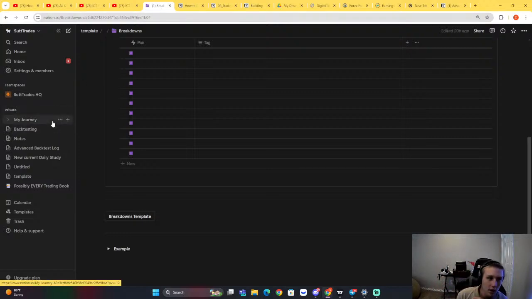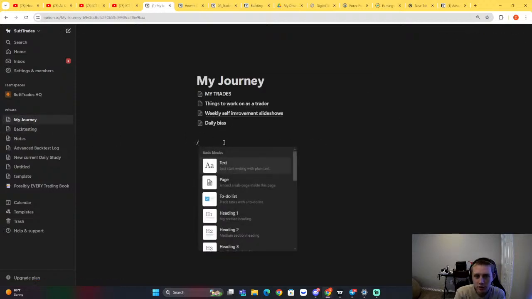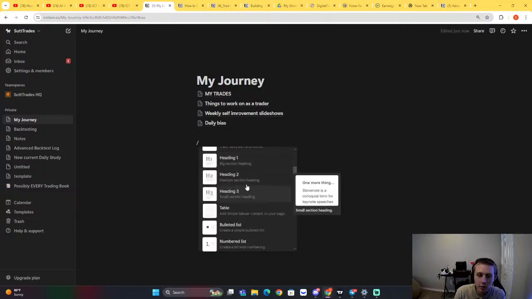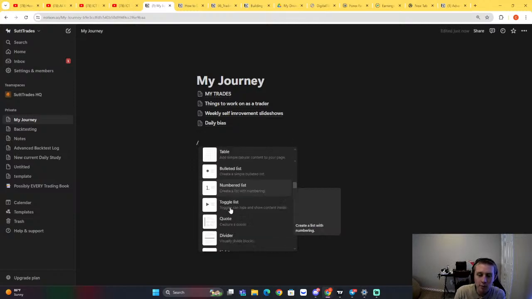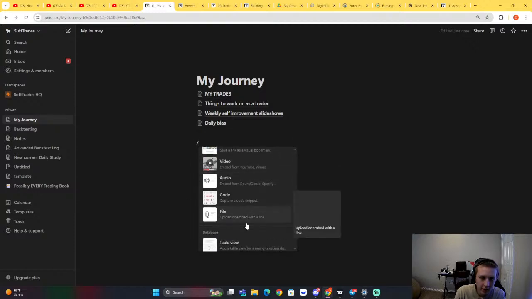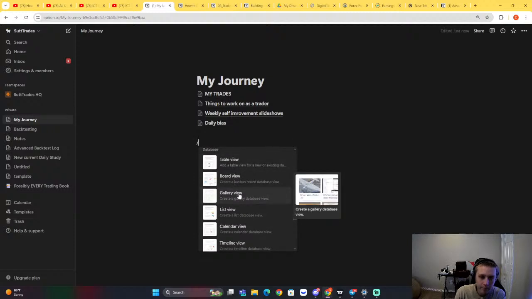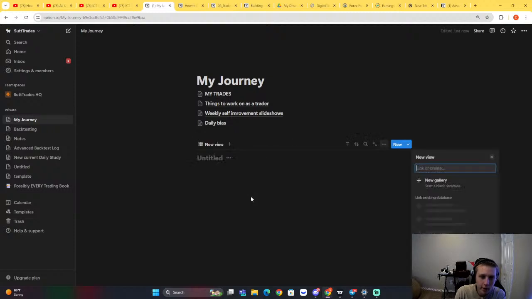When you go into Notion, whenever you use it, this is how I use it. Press forward slash, and that'll bring up so many commands. Just experiment and look at this. You can do a gallery view.